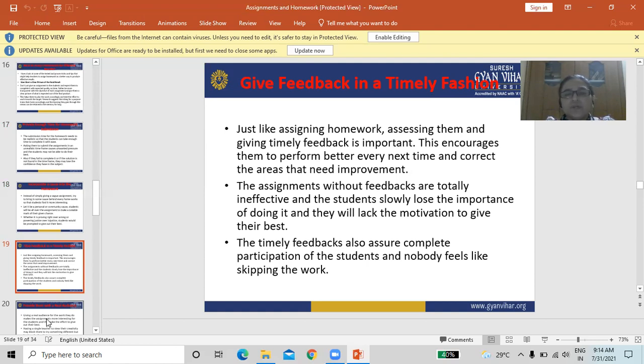Timely feedback also assures complete participation of the students and nobody feels like skipping the work.